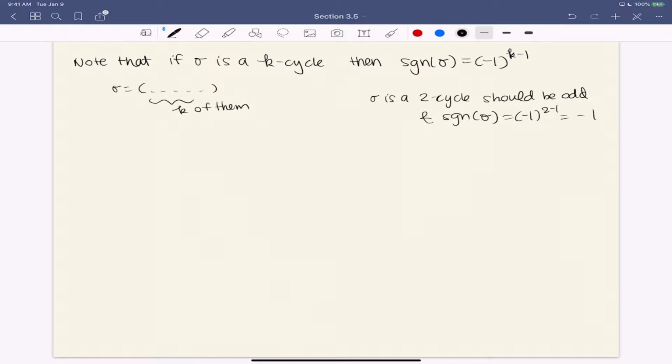You can show this in general for a k-cycle. I should just pause to figure this out, but it's getting late and I'm tired. I think it's a fact that if you have, say, (1 3 4), you can write this as (1 3)(1 4) or something like that. Let me see.